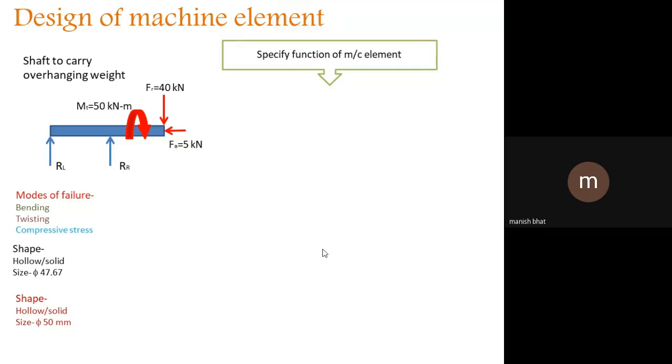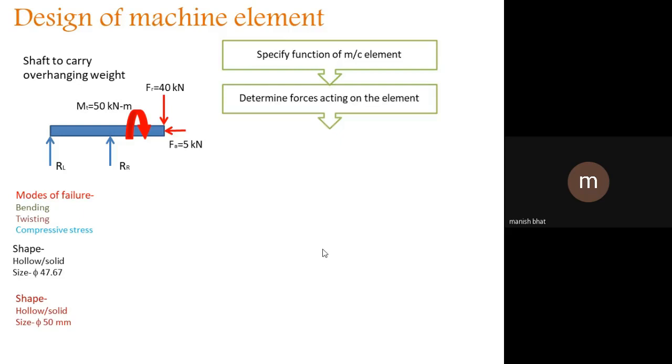So the first step is to specify the function of this machine element. I will be understanding the function of this machine element, that it is a shaft which is transmitting power, and as it is transmitting power, I will be relating at what RPM that shaft is rotating.